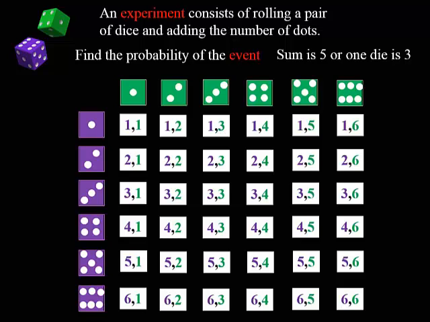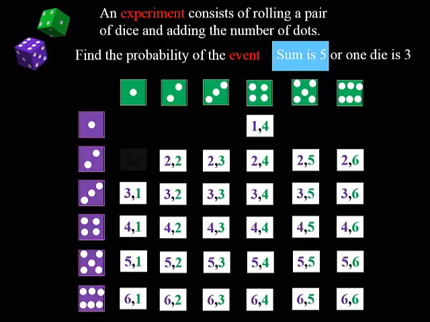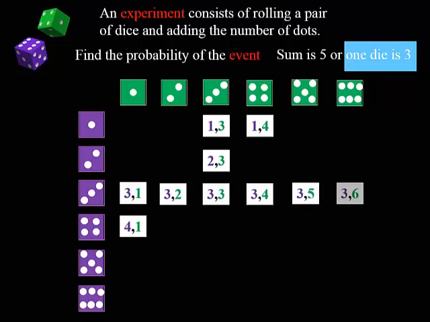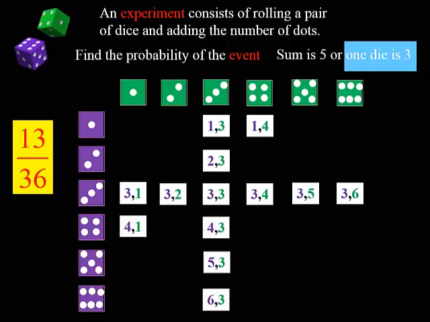We could just go down the line, counting all the ones whose sum is 5 or one die is a 3. These are all the ones whose sum is 5 or one die is a 3. Count them up, divide by 36, that's our probability.